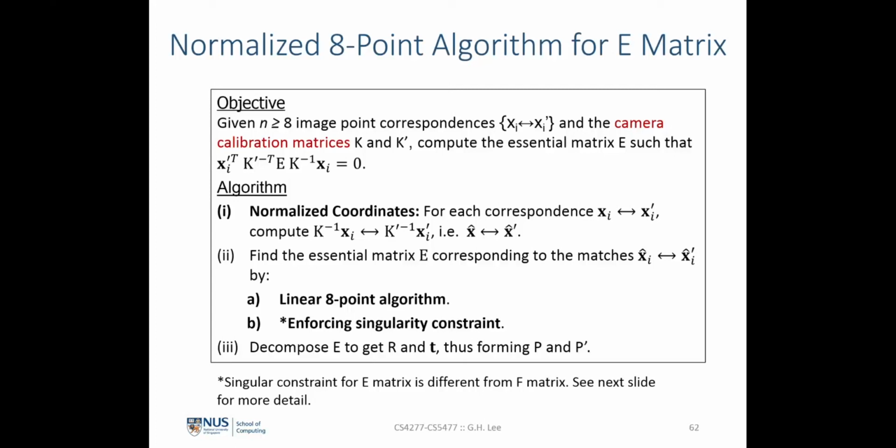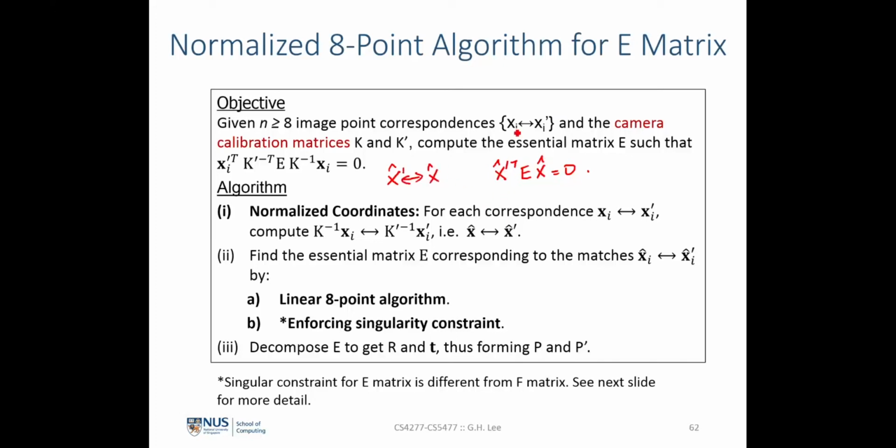The same set of algorithm can also be done to find the essential matrix. So it's also a linear 8-point algorithm for the essential matrix, which is given by this equation, x hat prime transpose t hat, where this is the normalized camera image coordinates of the second view, multiplied by E and x hat equals to 0, where x hat prime and x hat are correspondences.